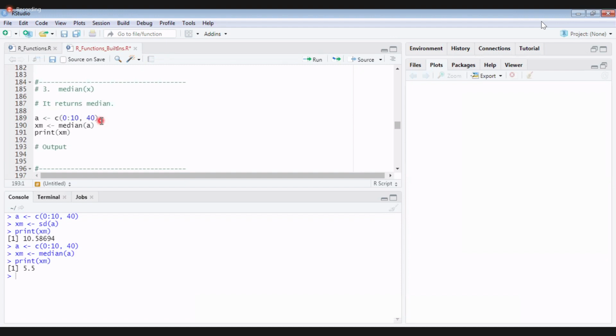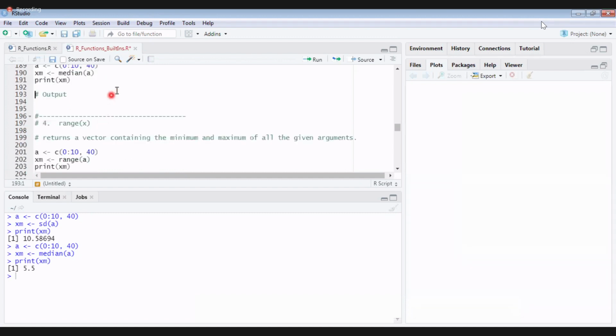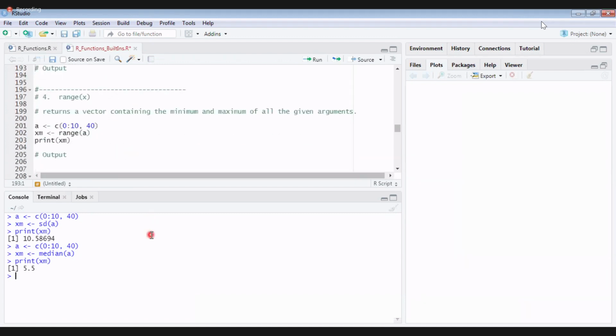That means if there are any NAs, remove those NAs and calculate on the remaining data. The range function will give us the maximum and minimum value present in the data.